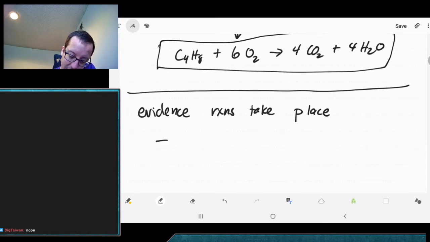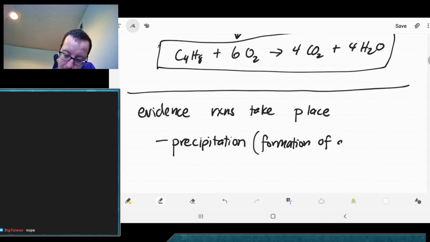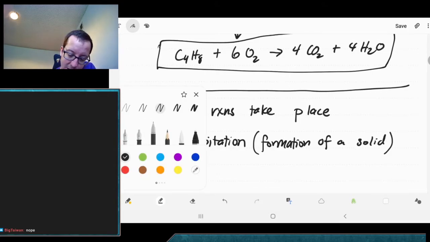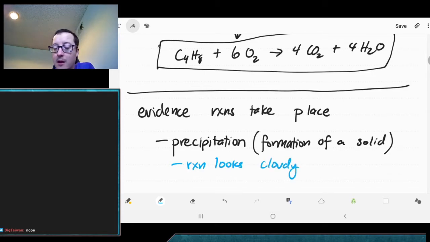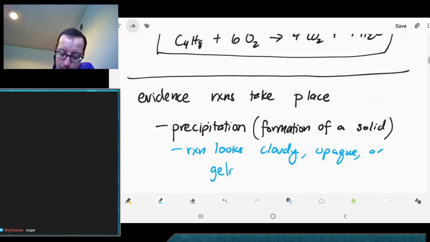We saw that sometimes we get what's called precipitation, which is the formation of a solid in a reaction. This typically looks cloudy, that's a common one, or it becomes opaque, or gelatinous.